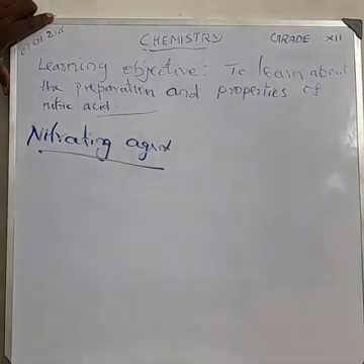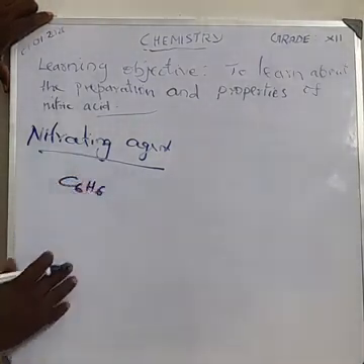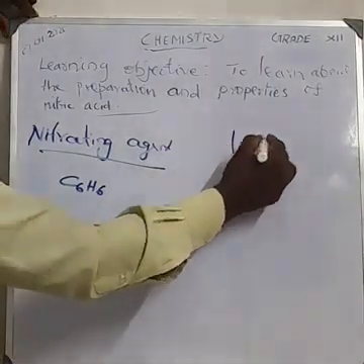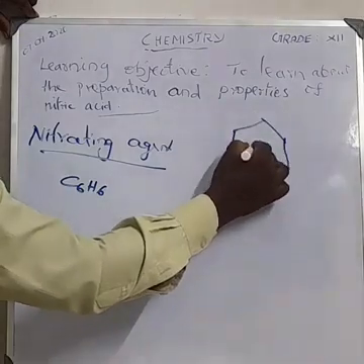What is the formula for benzene? Benzene, C6H6. Already I told you about the benzene. It is a closed ring. Am I right? This is the formula for benzene.